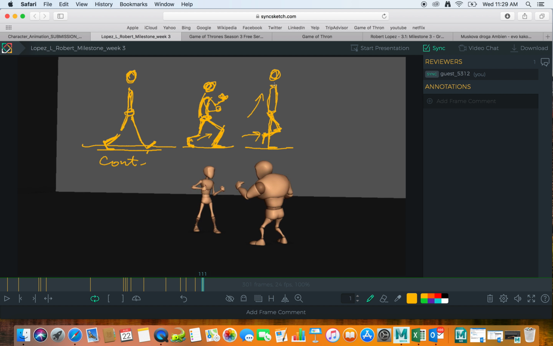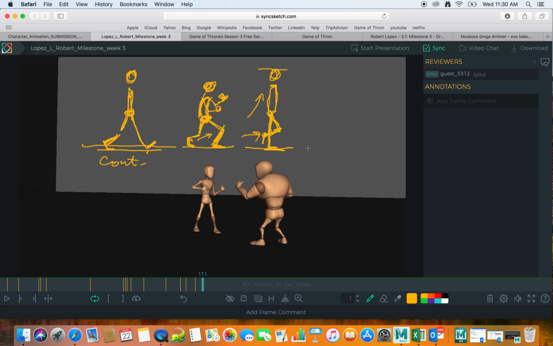And only in this pose the character is in real height. Let's say the character is 5 feet tall, and it's only here that he's 5 feet away from the ground. Here he's lower because he goes down with the hips, and here he is lower because his legs are spread. Now here, the only place where actually his leg is supporting leg is straight and the foot is flat.